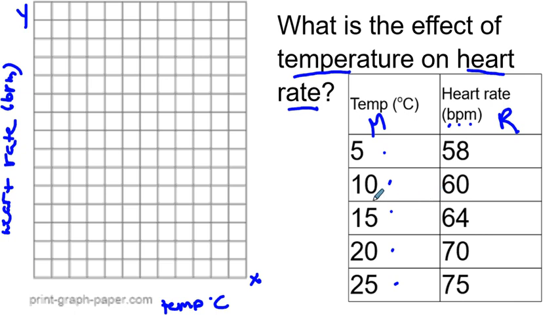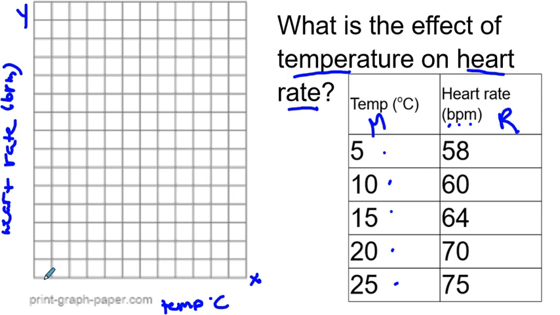Now, I have to choose a scale in order to label the axis. So what we mean by a scale is I have to find some way to include all of these numbers, and each square on the graph has to represent the same amount or the same number of degrees Celsius.